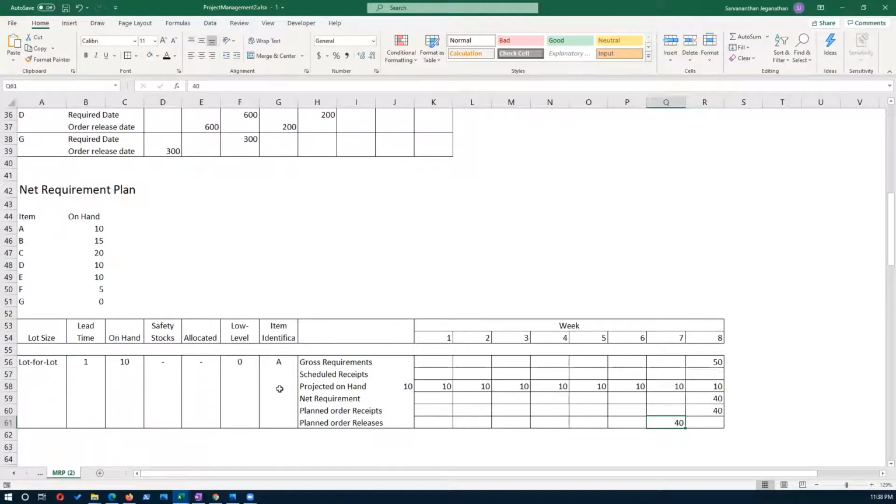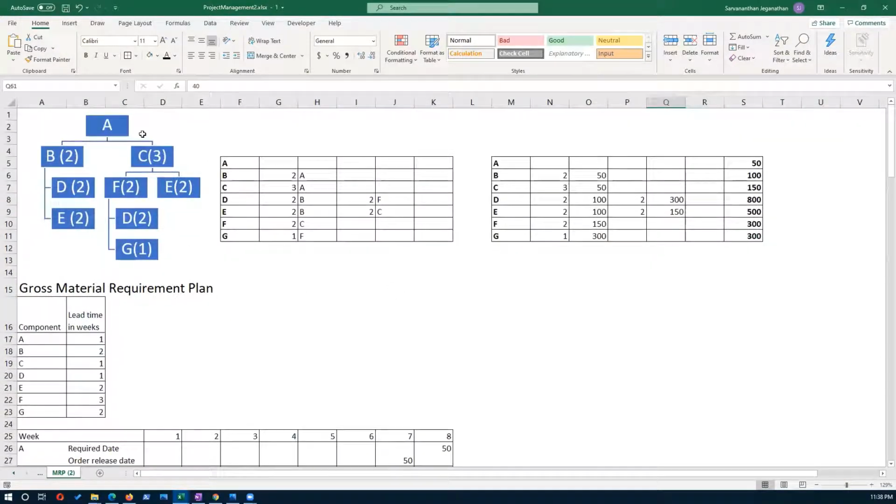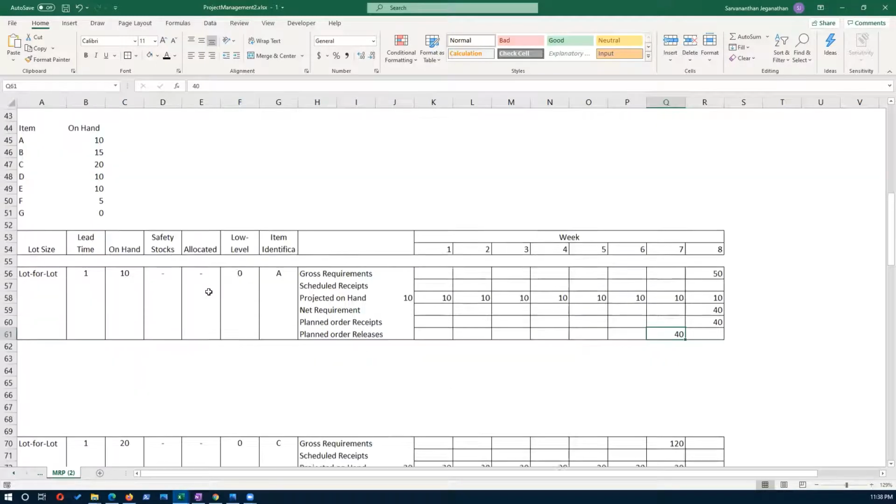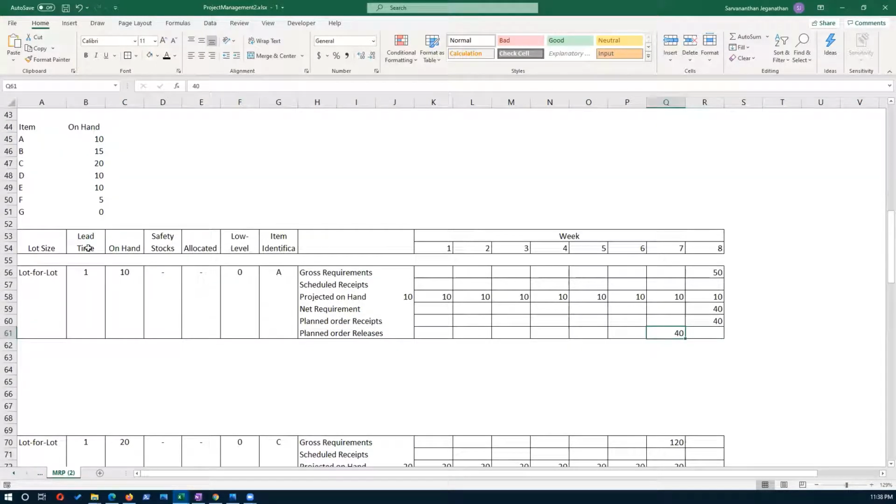Now here you can see that it shows level 0, which is the first level. So B and C are level 1, and E, F are level 2, and D and G are level 3. Again, the lot size is lot for lot.